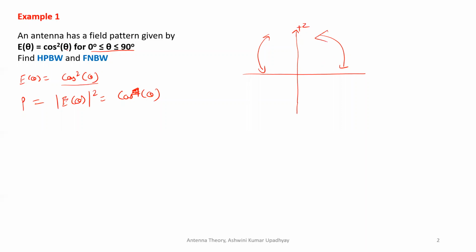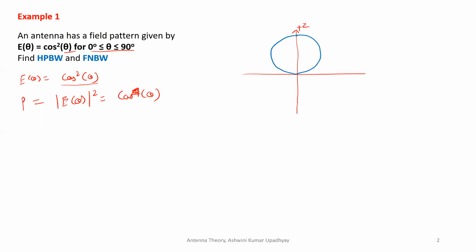And since there is no expression of phi, your radiation pattern is going to be completely symmetric in the horizontal direction, which is the xy plane direction. So let us draw a rough map of the radiation pattern. It will look something like this. I'm just drawing a rough map of this.